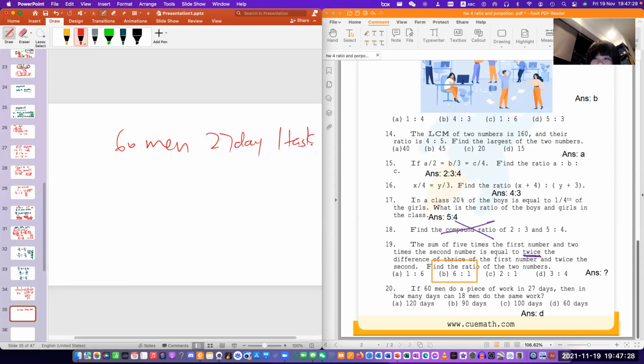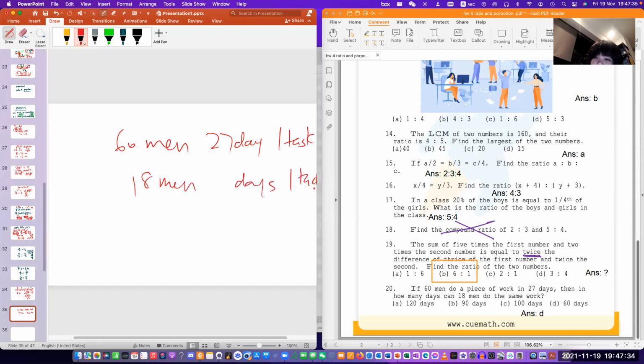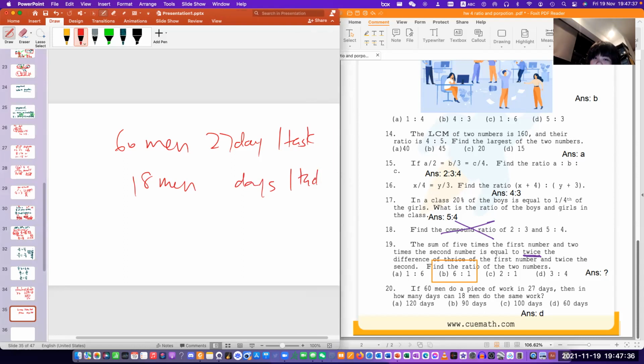Then in how many days will 18 men complete one task? Can you still remember this? I think so. 60 men. Anyways, I think my question is wrong. Your answer is wrong, right?